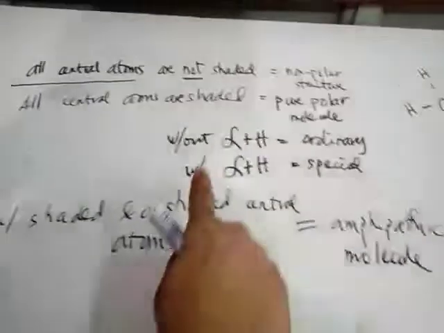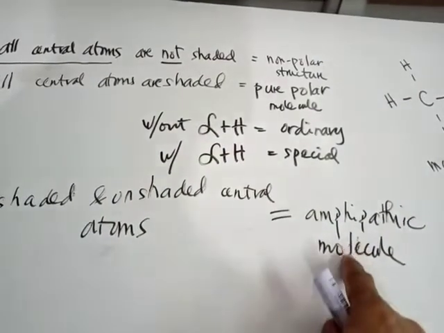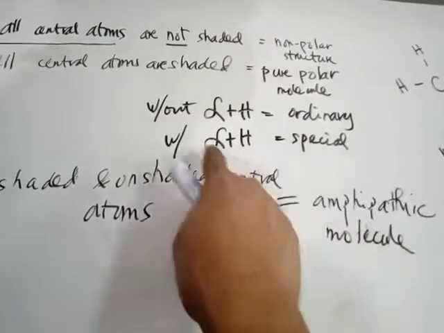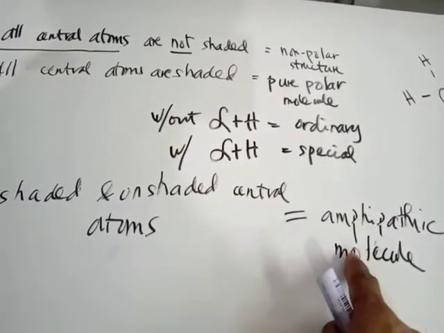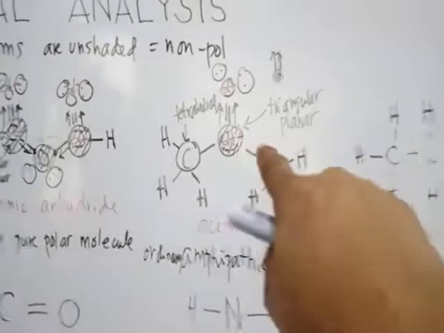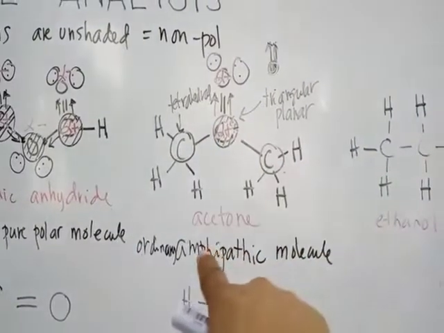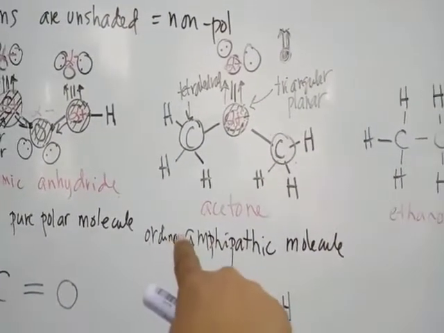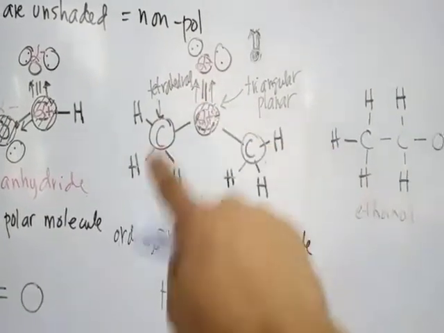Okay. If there is no partial positive hydrogen, then that would be an ordinary amphipathic molecule. If there is partial positive hydrogen, then the amphipathic molecule is a special amphipathic molecule. And that one is definitely with shaded and with unshaded. That is amphipathic, but it is ordinary because there is no partial positive hydrogen.